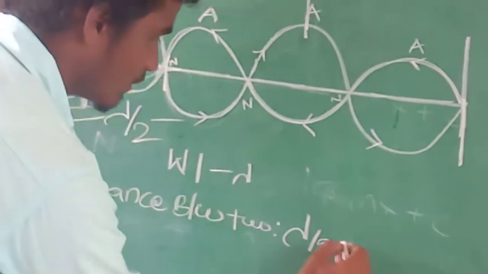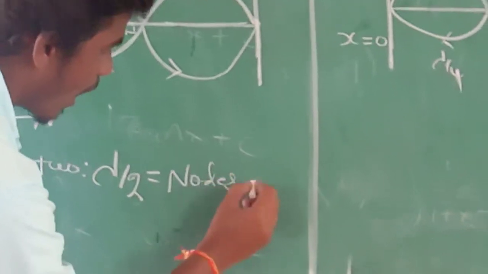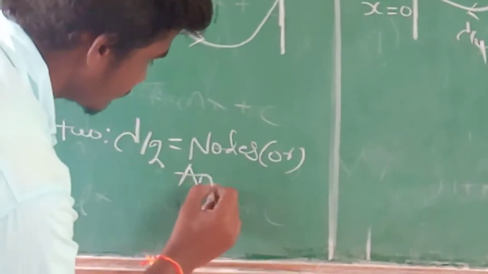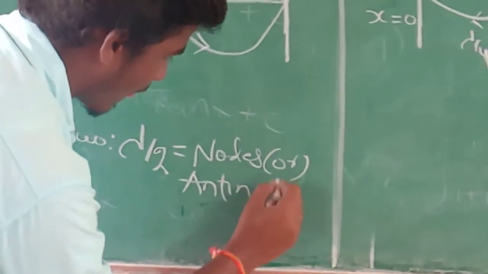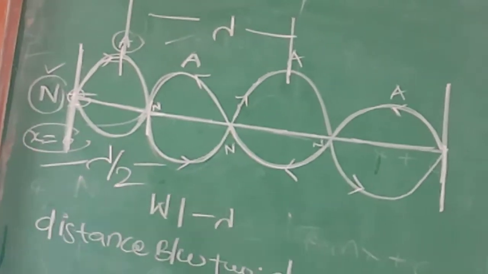Similarly, the distance between two successive antinodes can be written as lambda by 2.